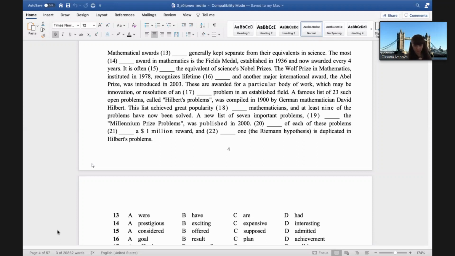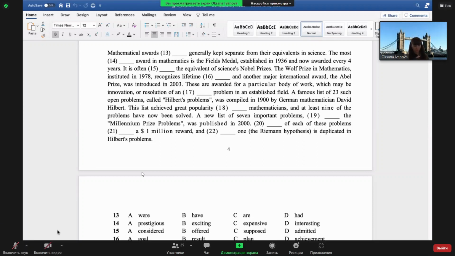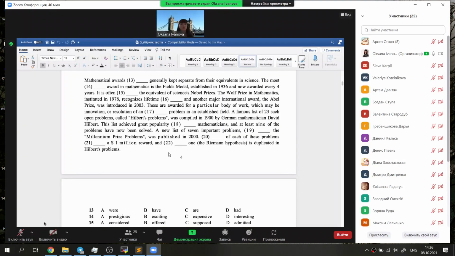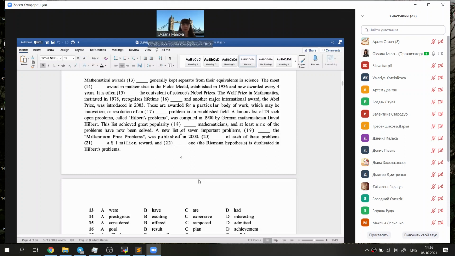It is often considered the equivalent of science Nobel Prizes. A. Okay. Do all students agree that it's variant A? So they keep silent.